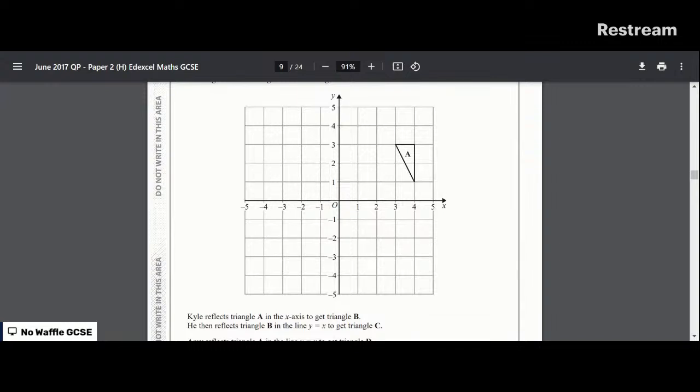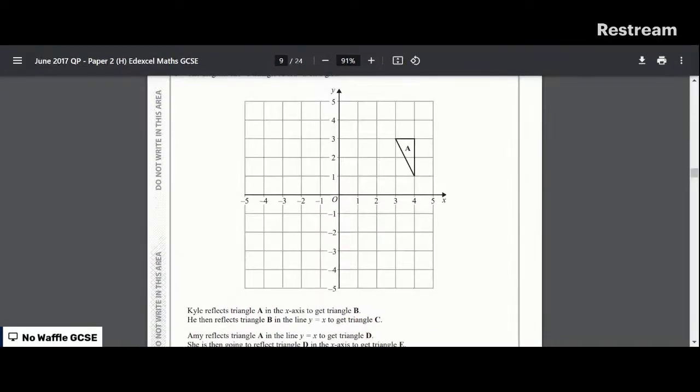So reflecting triangle B in the line, so this is the line y is equal to x. Reflecting that across is going to fling it all the way up to the next quadrant.